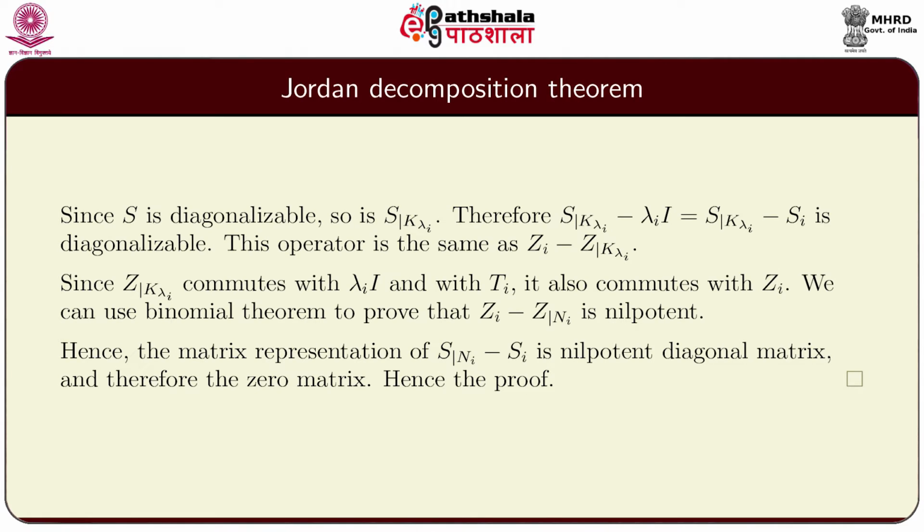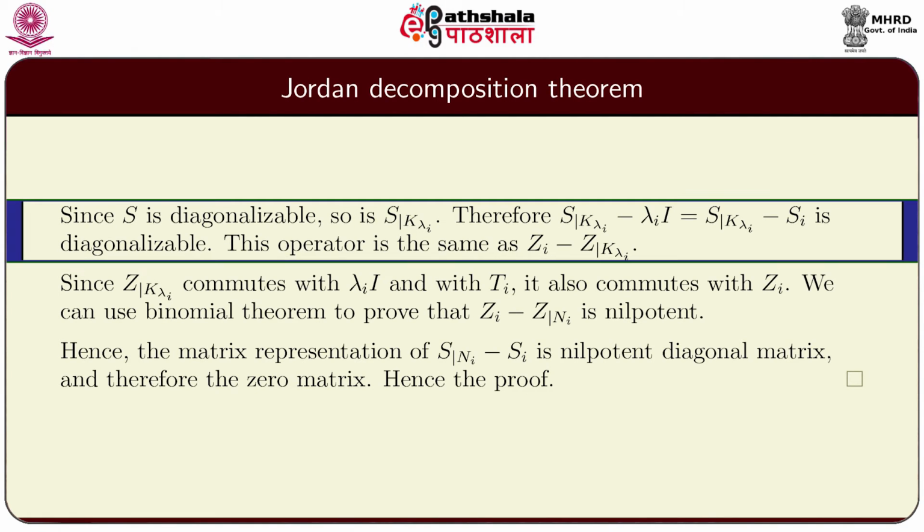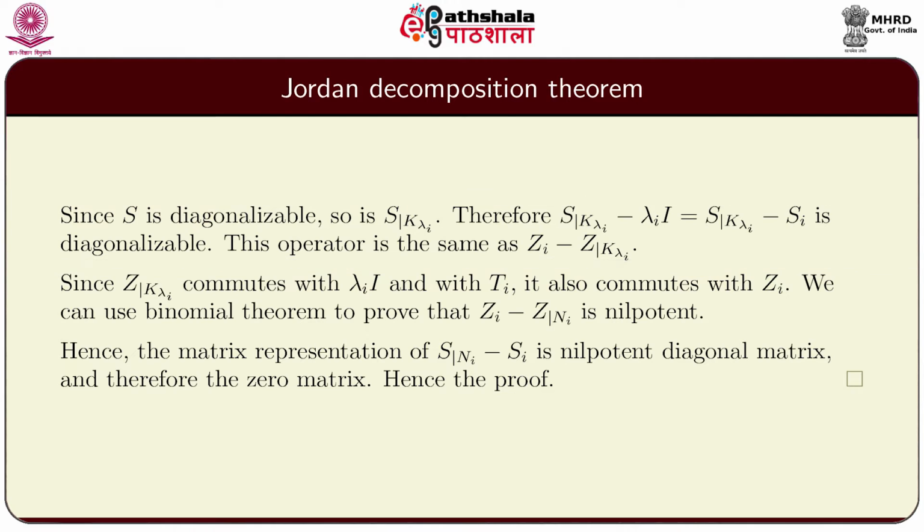Since S is diagonalizable, so is S restricted to K_λi, and therefore S restricted to K_λi minus λ_i I, that is, S restricted to K_λi minus S_i, is also diagonalizable, and this operator is the same as Z_i minus Z restricted to K_λi.